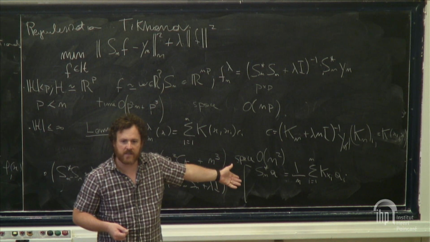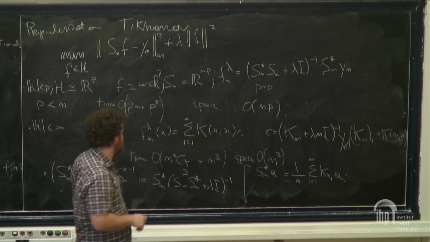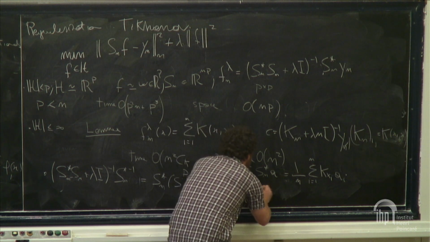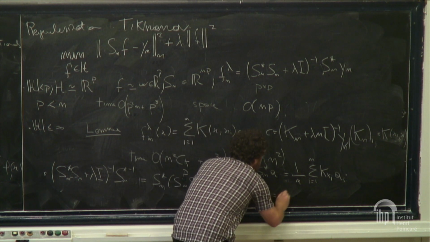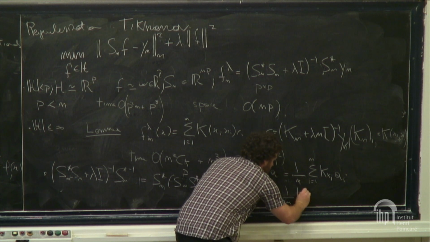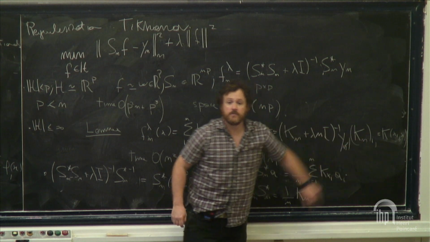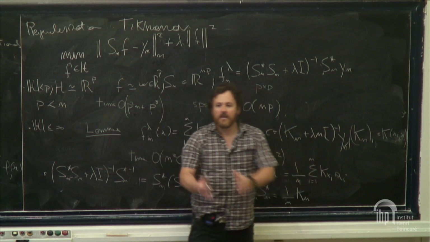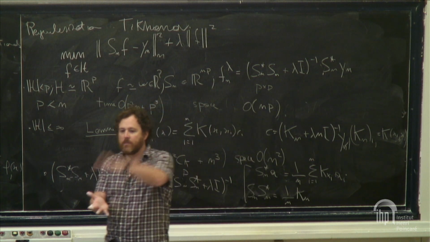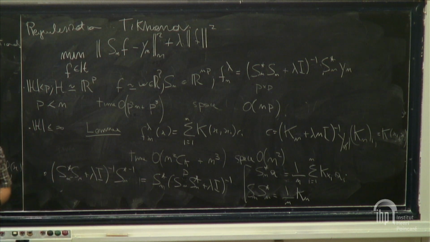You take some numbers and you combine the kernel elements. If you look at S star n, this is 1 over n times K n. Because essentially you first take a, just evaluating the function, and then you apply this harmonic extension, and that's exactly what you get.